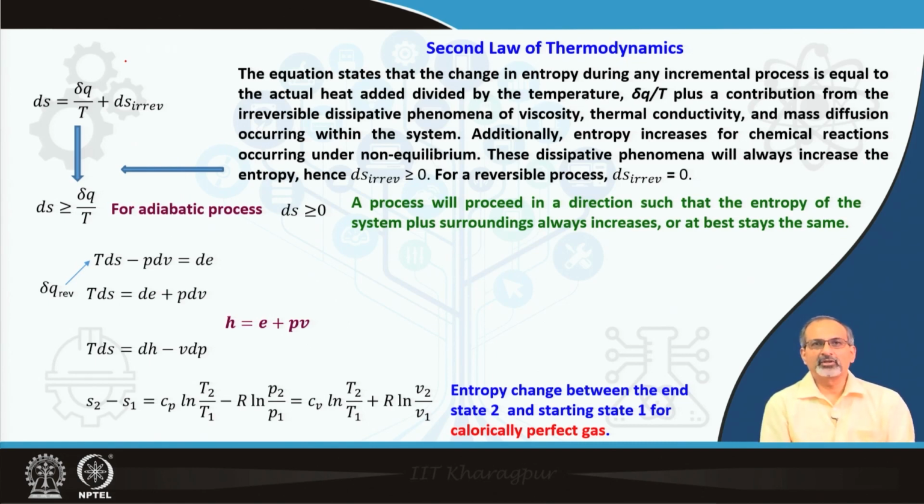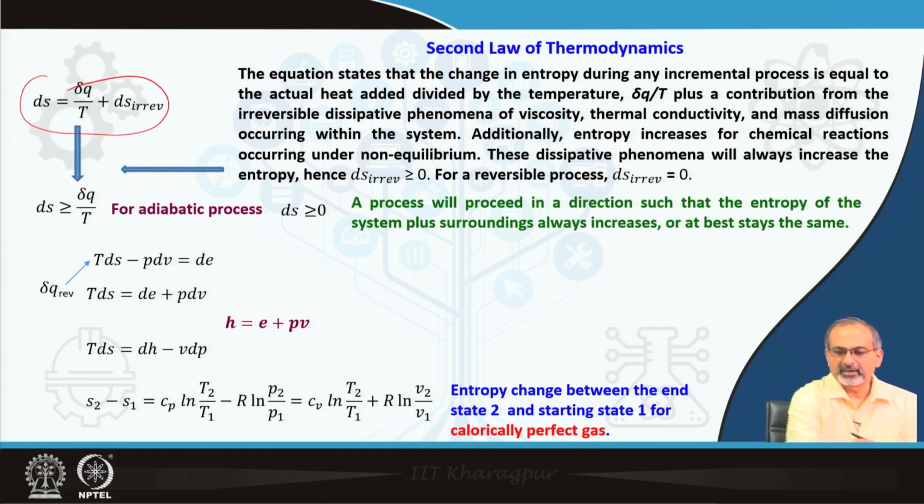Coming to the second law, the equation states that the change in entropy during an incremental process is equal to the actual heat added divided by the temperature, del Q by T, plus a contribution from the irreversible dissipative phenomena of viscosity, thermal conductivity and mass diffusion, which may be occurring within the system. And as we already mentioned, del Q may be added or subtracted from the system in an infinite number of possible ways, and it is basically path dependent.